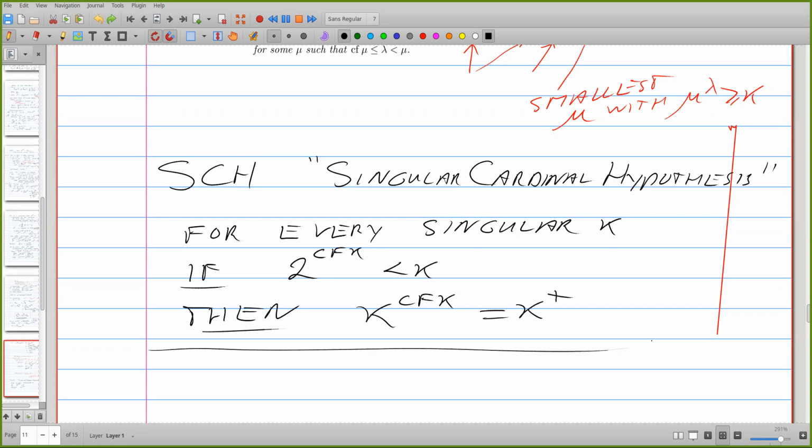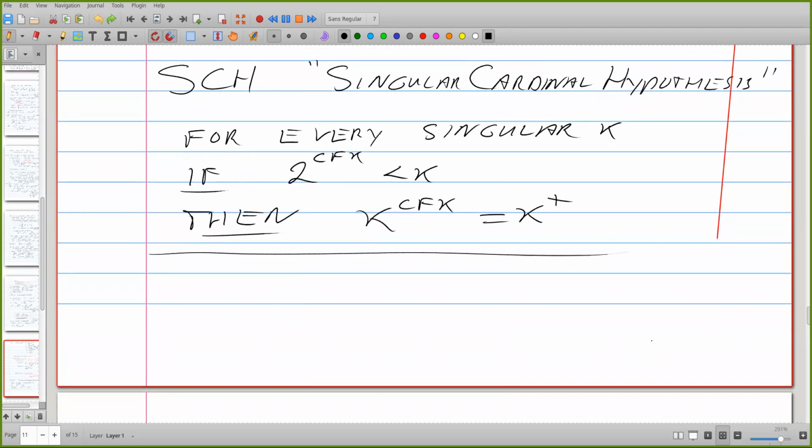The singular cardinals hypothesis says this: something for singular kappas. If it so happens that 2 to the cofinality of kappa is less than kappa, then the Gimel function should have its smallest possible value, namely kappa plus.